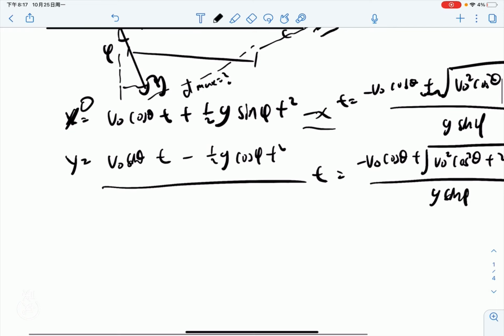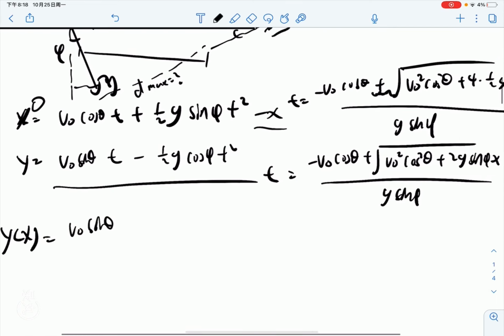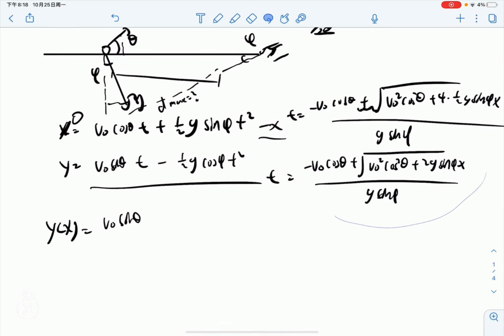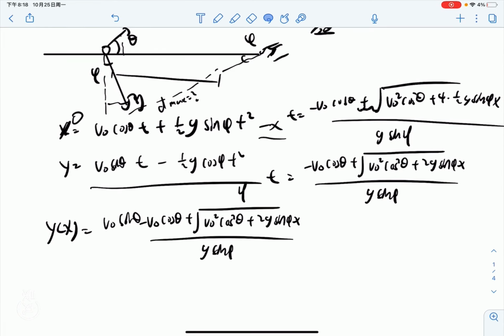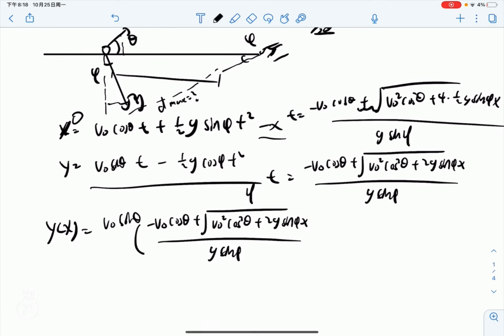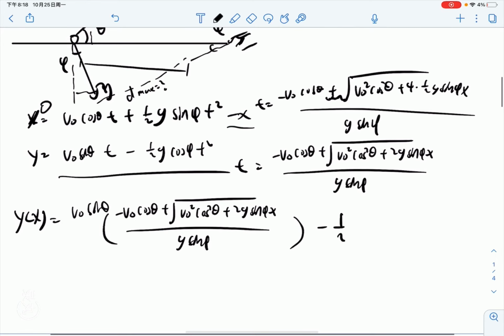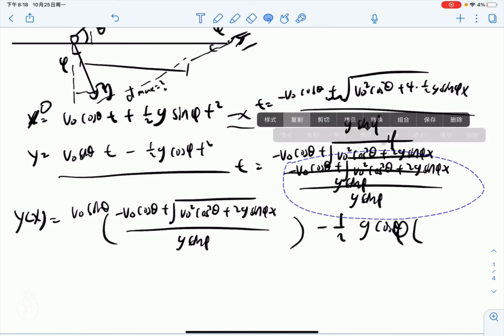You basically get the function of y is going to be v0 sine times this stuff. This is hell. And minus this. Whatever.